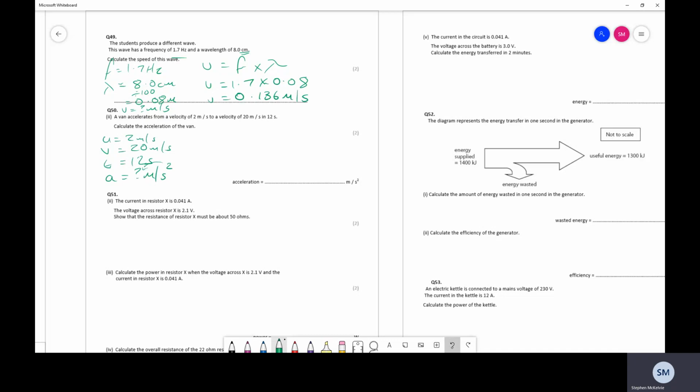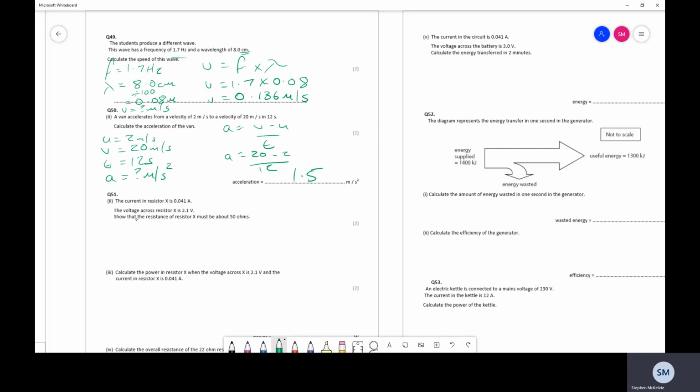A is equal to V minus U divided by T, giving me A is equal to 20 minus 2 divided by 12. I shall do that in my A over B, 20 minus 2, and then I shall press down, divided by 12 is equal to, whoopsie, 1.5. 1.5 meters per second squared.